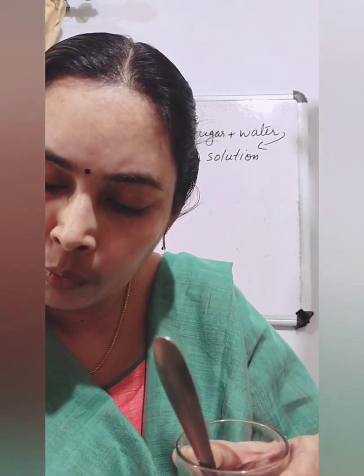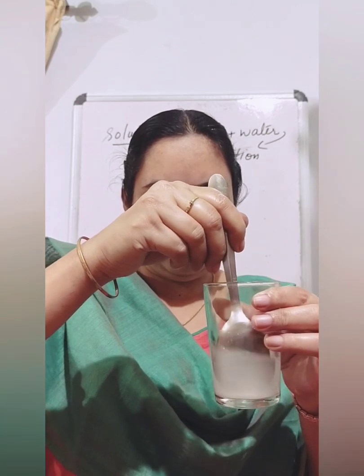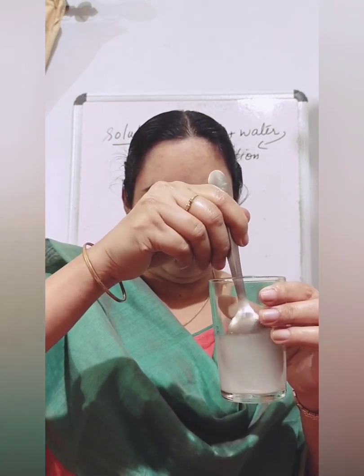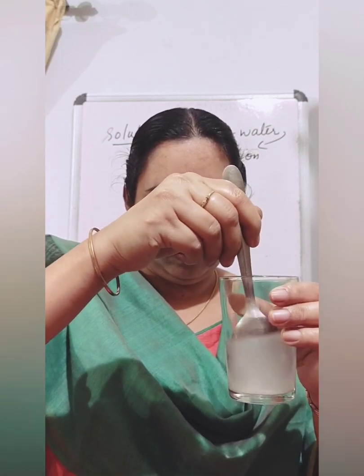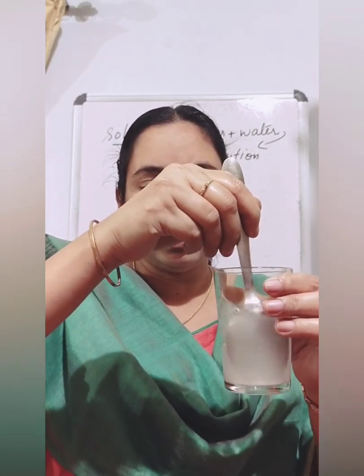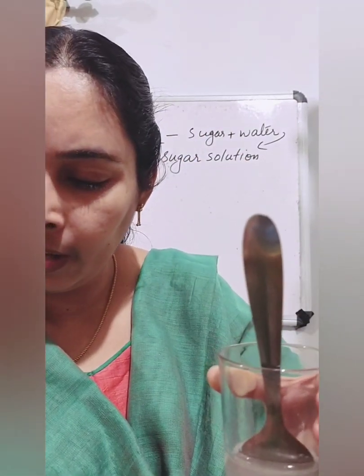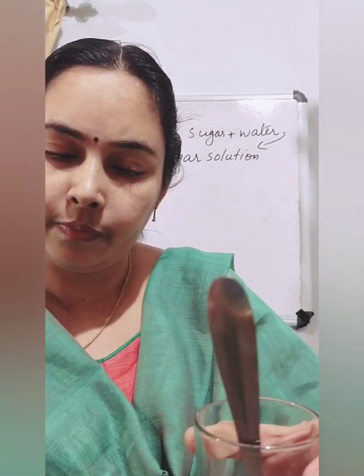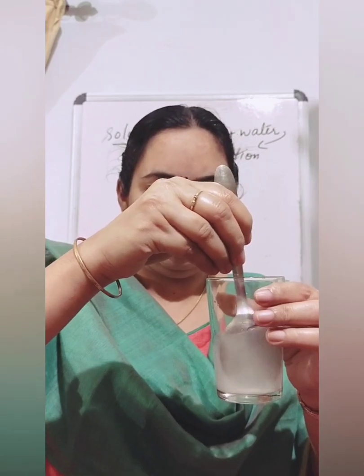Then again I am going to add the third spoon of salt into this water and I am stirring it. So what happened? The salt is dissolving in the water. Then again I am adding the fourth spoon of salt. Again I am stirring it.